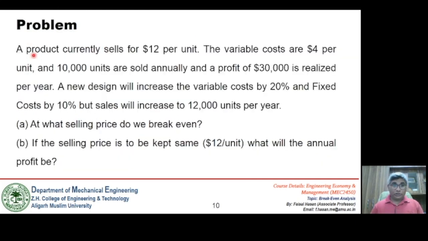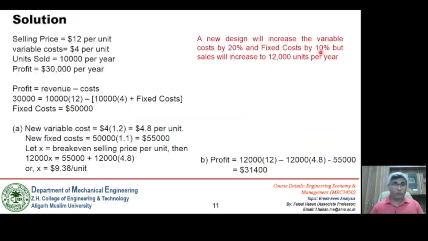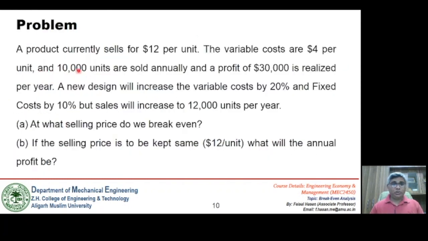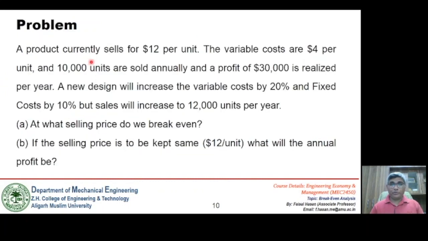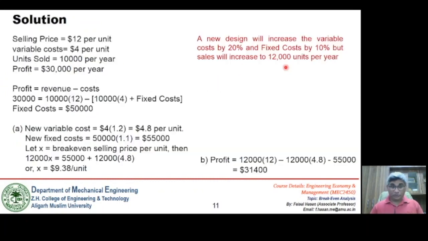The variable cost is $4. Units sold are 10,000 per year, and the profit is given as $30,000. Whatever information is given is listed here.